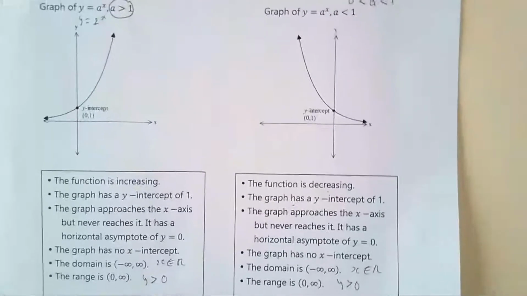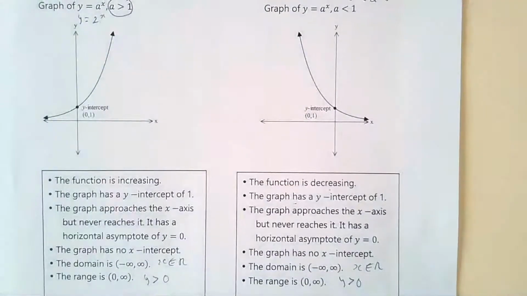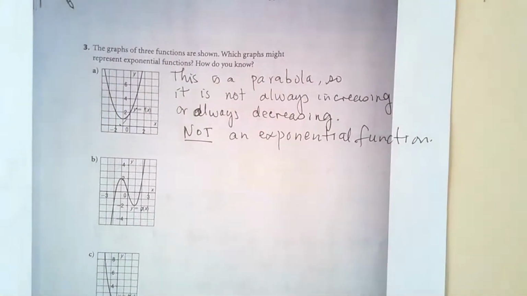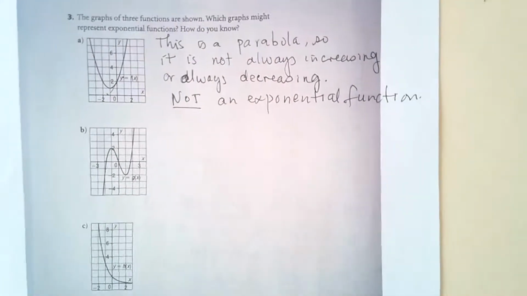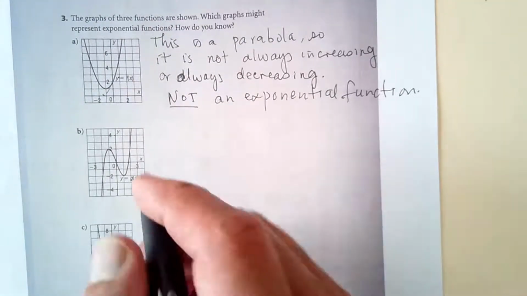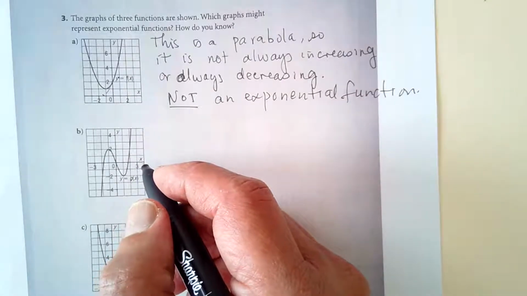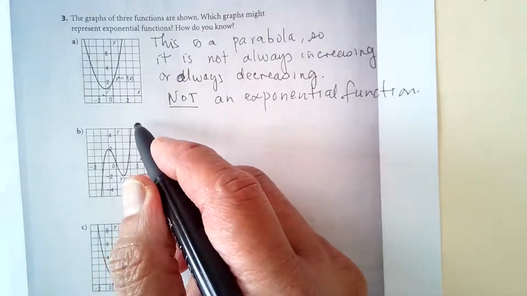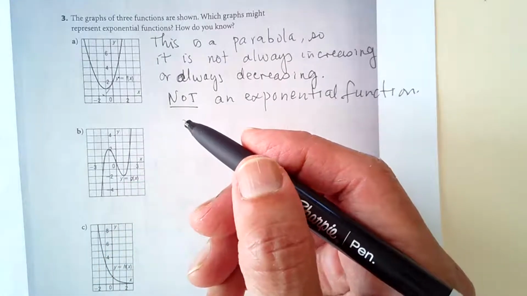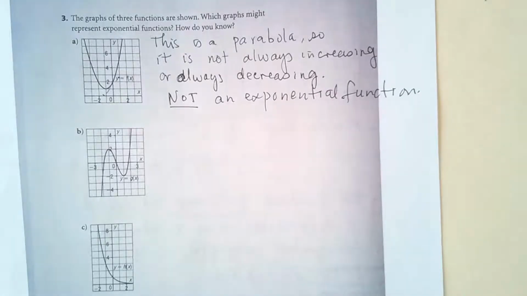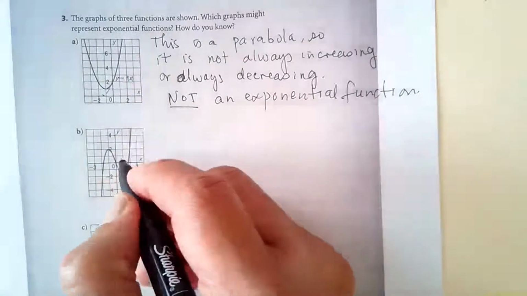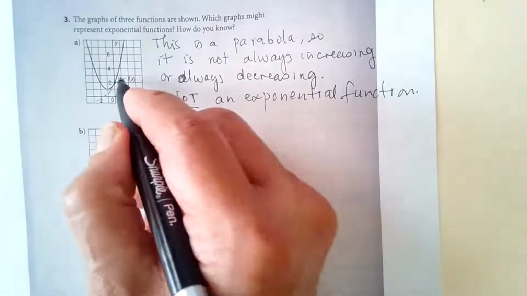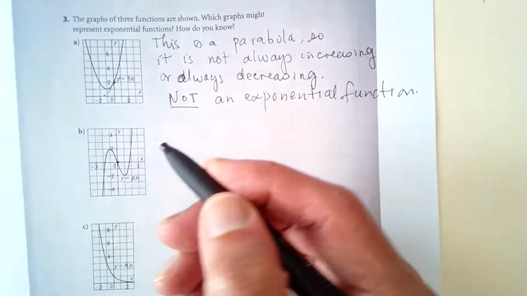And here we have these two types of exponential function. Next, the shape is not an exponential because it's not increasing, and also the y-intercept here is 1, the y-intercept here is 0.